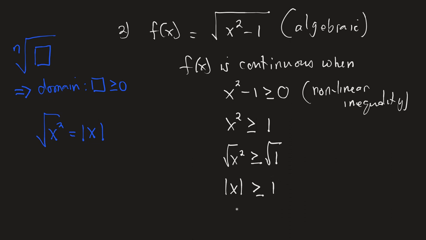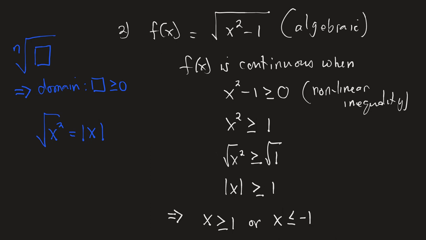By definition, this inequality leads to 2 possibilities. The only way the absolute value of a number can be greater than or equal to 1 is, these are the 2 ways. Either the number itself is greater than or equal to 1, or the number is less than or equal to negative 1.